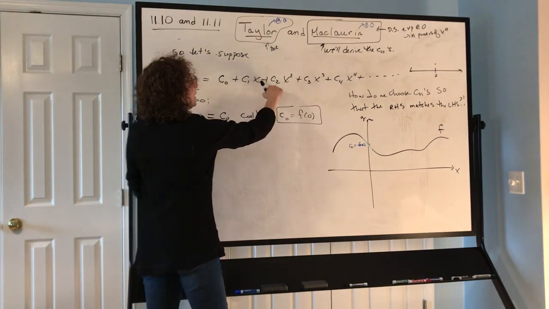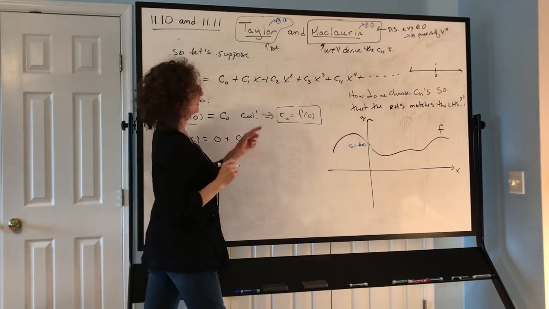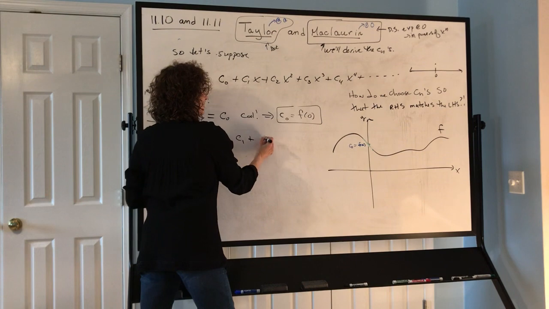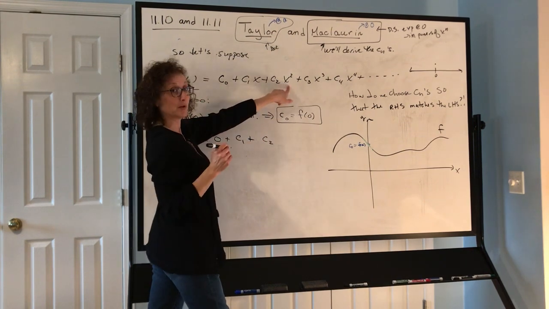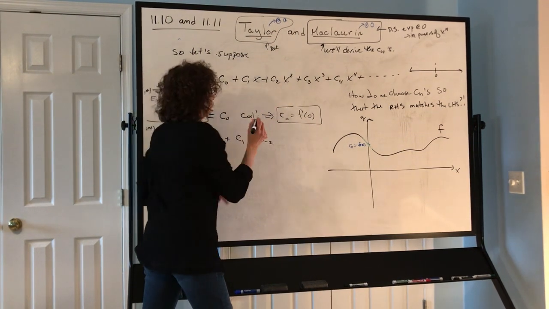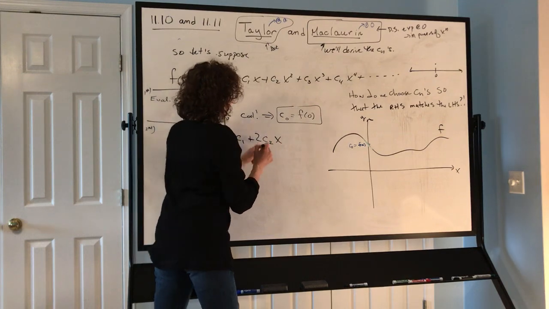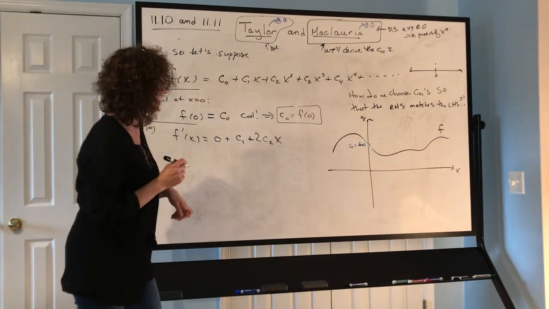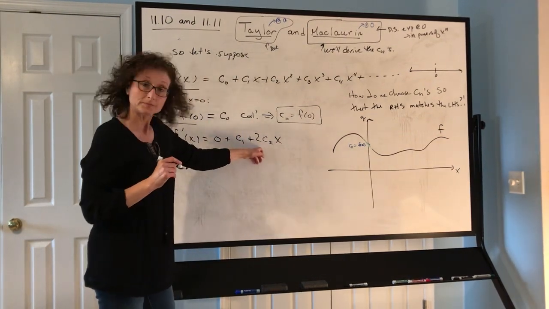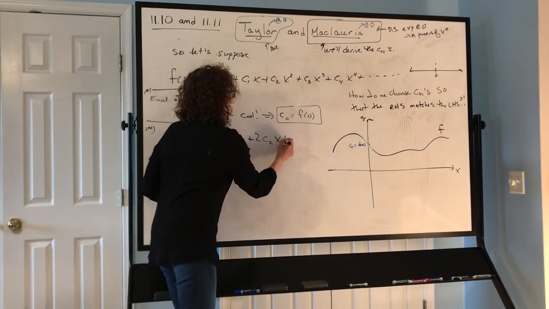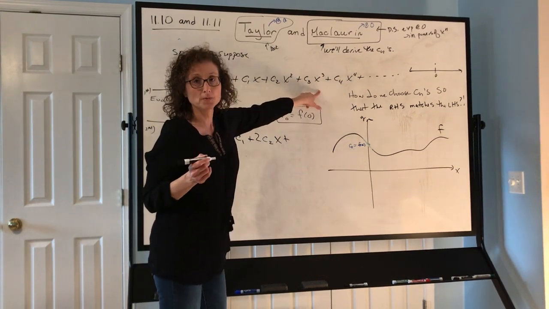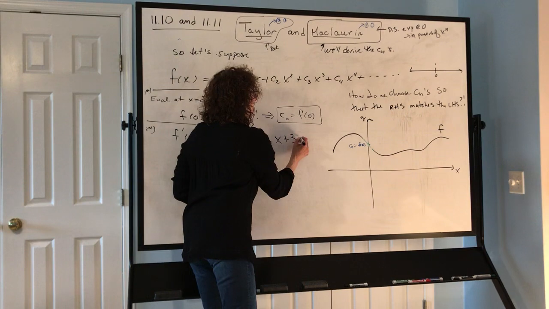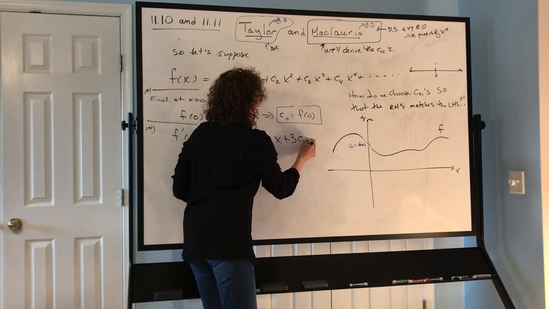What's the derivative of a constant times x squared? Constant multiple rule says the constant comes along for the ride, then I take the derivative of this guy. Derivative of x squared is, good, 2x. So I stick my 2 out there because that's where I like my constants. What's the derivative of c3 times x cubed? We're on a roll now. 3 times c3 times x squared.